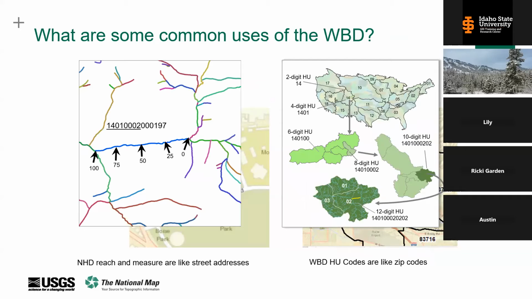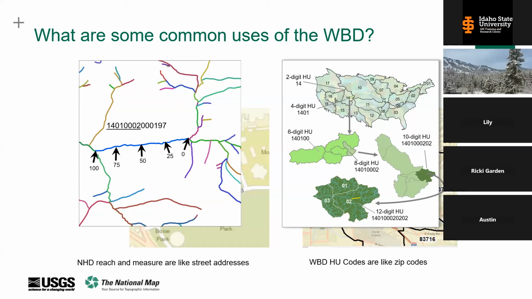Now, one thing that I wanted to highlight for those of you that are familiar with the NHD, which is the surface water component to the WBD data set, spatial integration and addressing of the WBD with the NHD is very important, not only for cartographic purposes, but to make sure that we are really representing the outlets correctly.